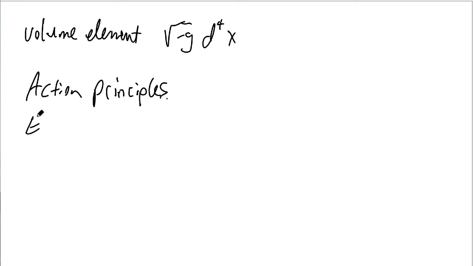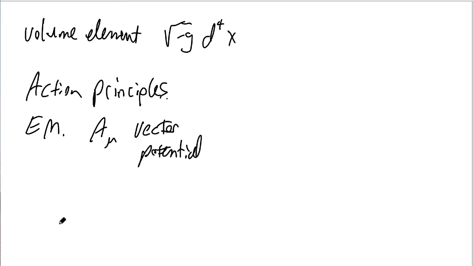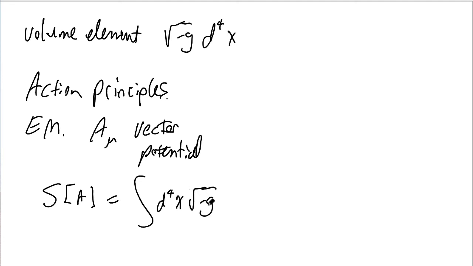So let's look at electromagnetism. We can describe the electromagnetic field in terms of a vector potential, A, and the action, a functional of the vector potential, is given by the integral of the volume element, d^4x square root of minus g, times the field strength tensor contracted with itself in this way.